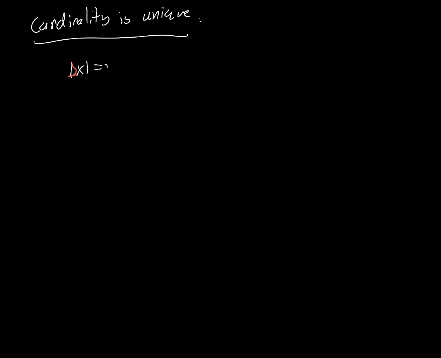So with this lemma, what we can prove is that cardinality is unique, right? And you just do this by induction. The base case is not hard to prove because the empty set cannot have any elements. But you say, okay, let's say I have X with cardinality m and Y with cardinality n.